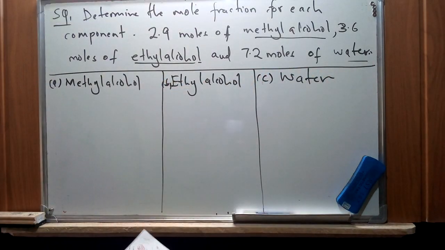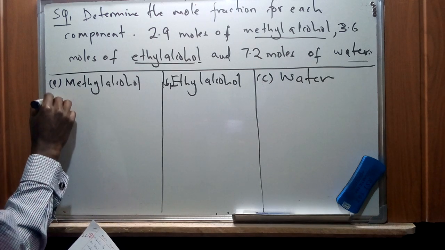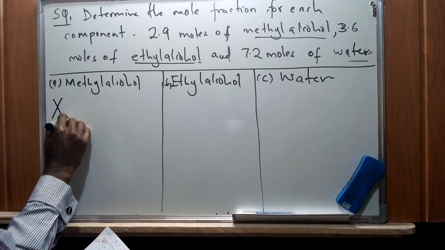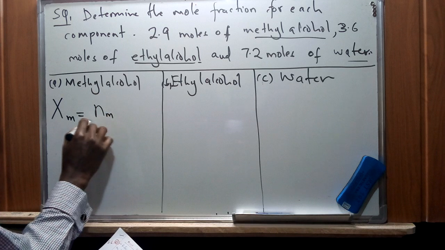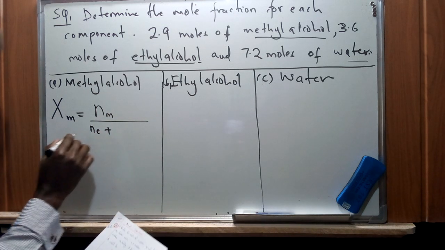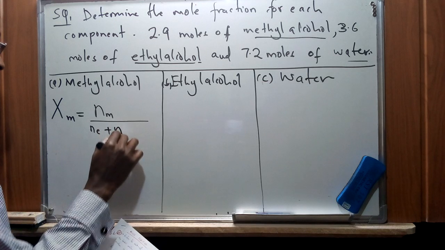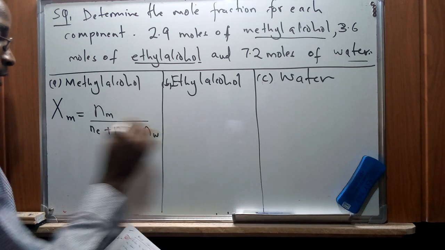I'm going to use that general formula to find out the mole fraction for methyl alcohol. In this case, the mole fraction is given by X of methyl alcohol, which is the number of moles of methyl alcohol divided by the number of moles of ethyl alcohol plus number of moles of methyl alcohol plus number of moles of water.